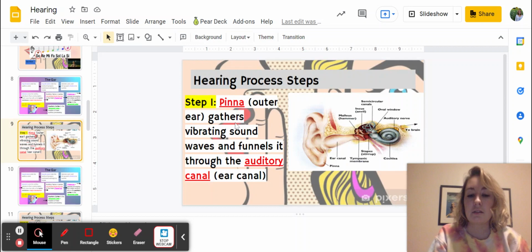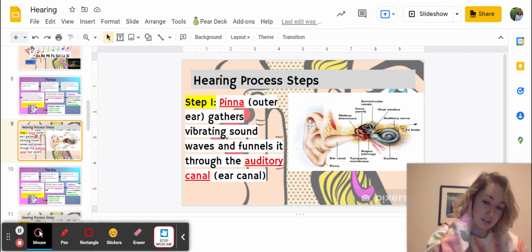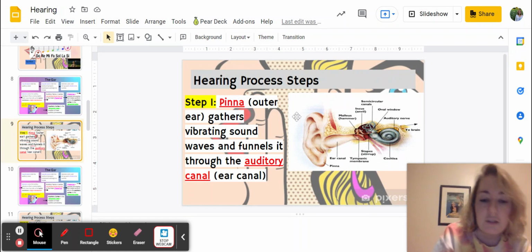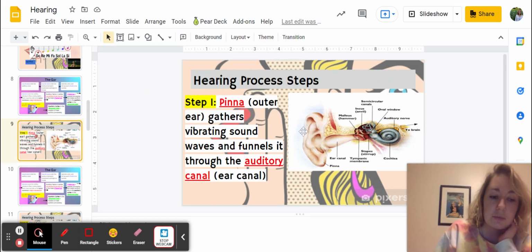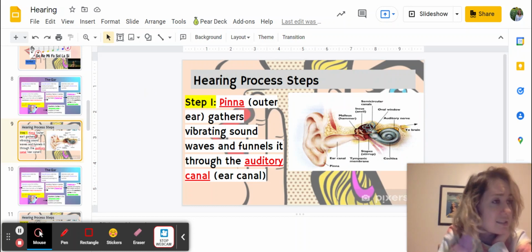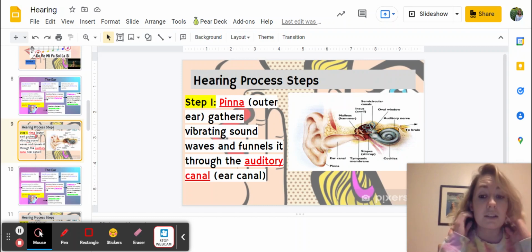Okay, so step one, there's three parts of the ear. You've got the outer ear, the middle ear, and then the inner ear. The outer ear is the part of the ear you can see, that you might get pierced and all that good stuff. The outer ear here is called the pinna. The point of why it looks like this is to use it as a funnel.